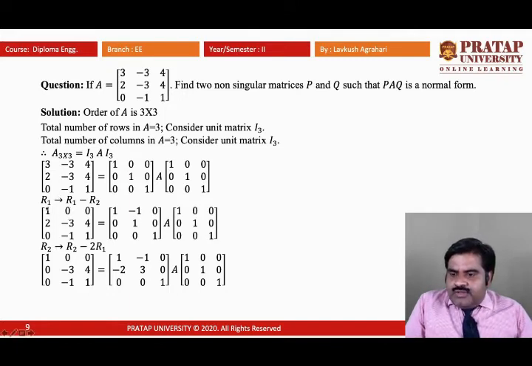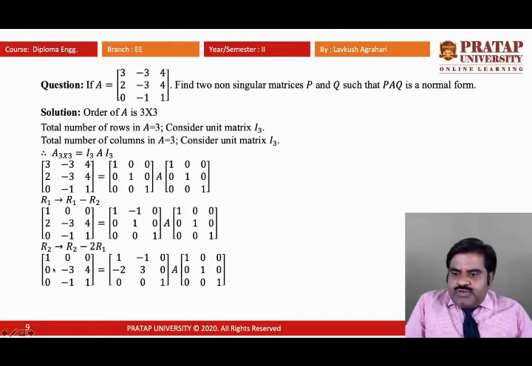So the first operation is R1 replaced by R1 minus R2. By this the elements of row 1 are 1, 0, 0 and the rest of the elements are unchanged. This is a row operation, so it is reflected in the matrix on the left hand side of A, with no change in the matrix on the right hand side of A. Another transformation is R2 replaced by R2 minus 2R1.